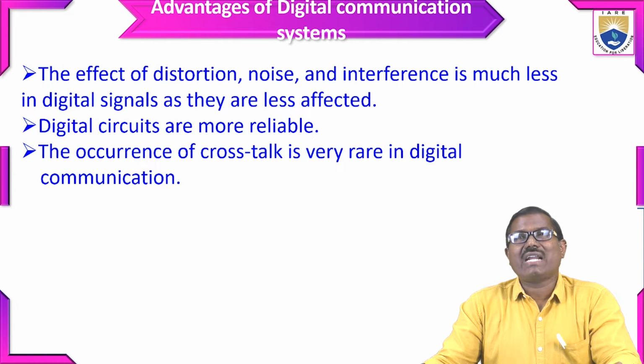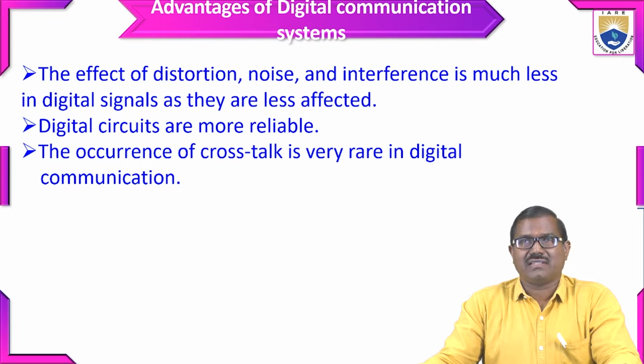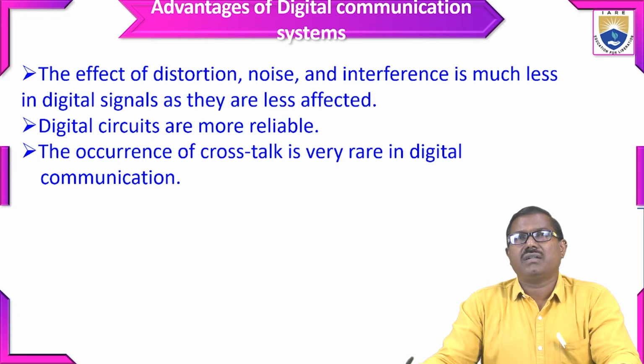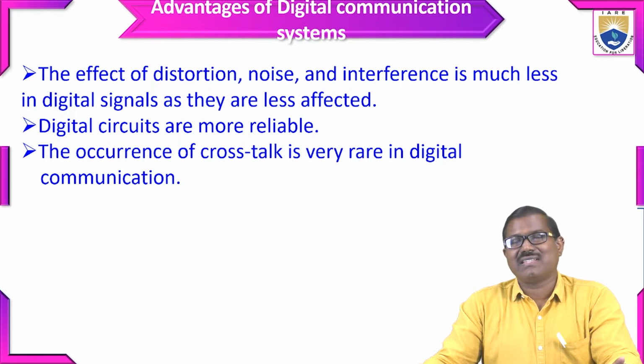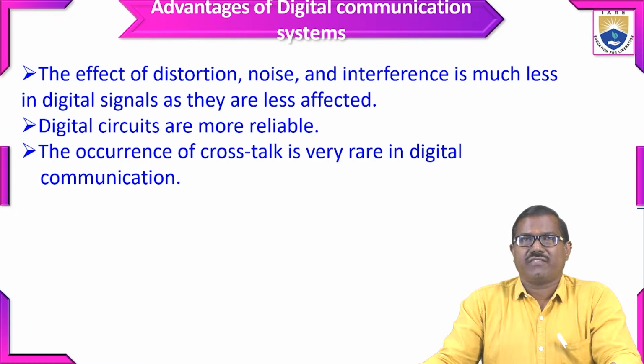Now, what are the advantages of digital communication systems? The effect of distortion, noise and interference is much less in digital signals, as they are less affected. Why? Because analog signals are easily affected by noise, whereas digital signals are not. Another one: digital circuits are more reliable when compared with analog circuits.